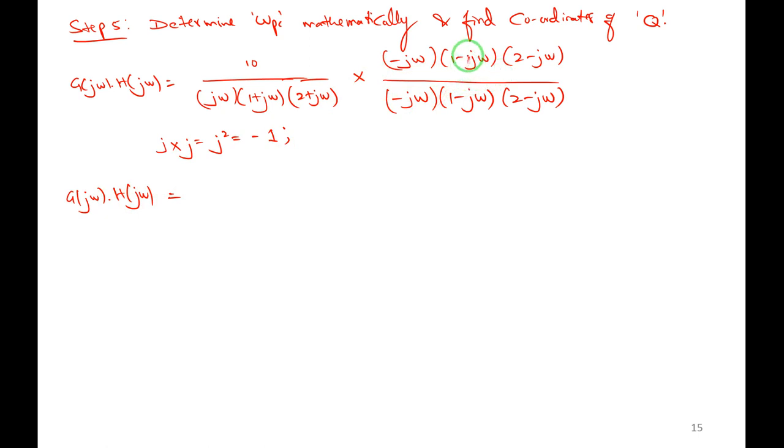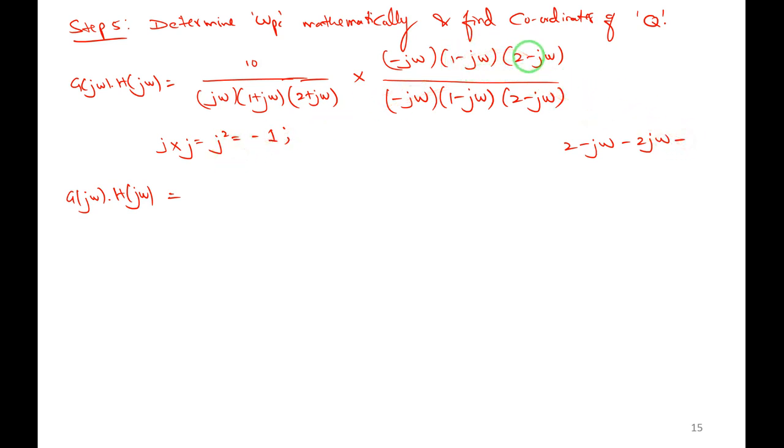So observe here. First I will multiply these two things, this one and this one. Let me write it here. 1 into 2 is 2. 1 into minus j omega is minus j omega. Then minus j omega into 2 is minus 2 j omega. Minus into minus it is plus, but j omega into j omega: j into j is j square, which is minus 1, I told already, right?